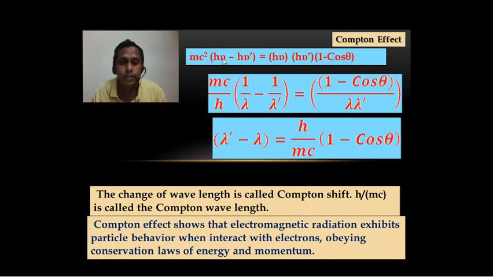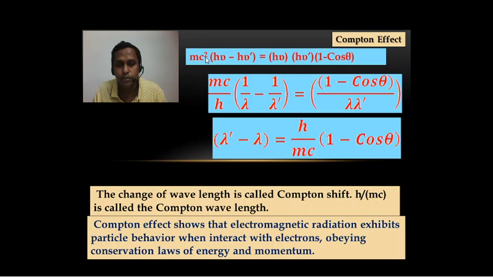Then see, nu is equal to c by lambda. Here also c by lambda into c by lambda, c square by lambda square you will get. Sorry, c square by lambda prime, not lambda square. See, look at this equation.